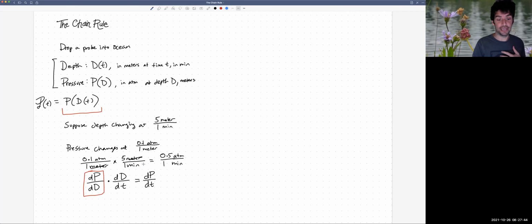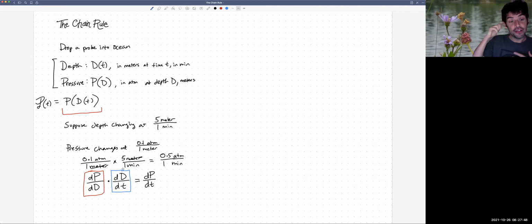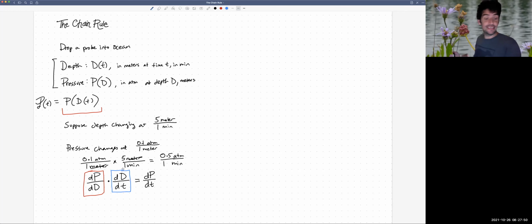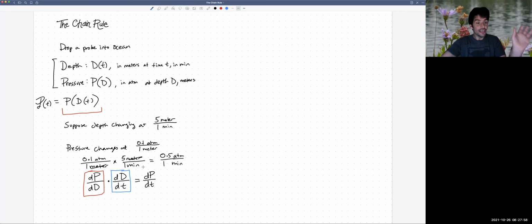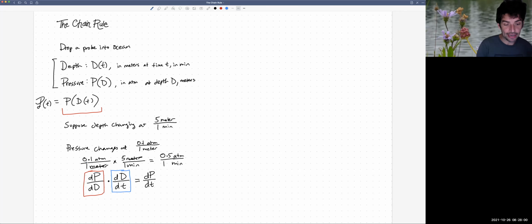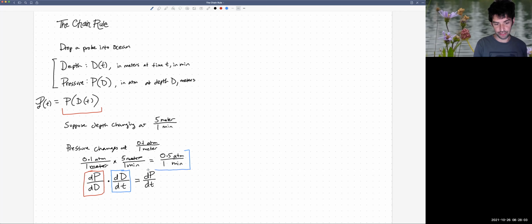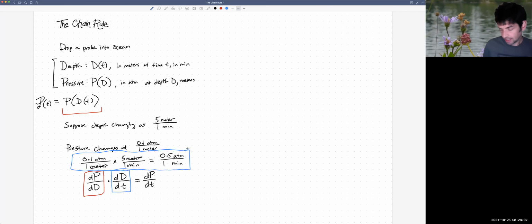And then we multiply that by the rate of change of this inner function with respect to its input, its derivative. And the product of those two tells us how the outer function relates to the inner input, right? And I hope that this computation here makes that somewhat intuitive, okay?